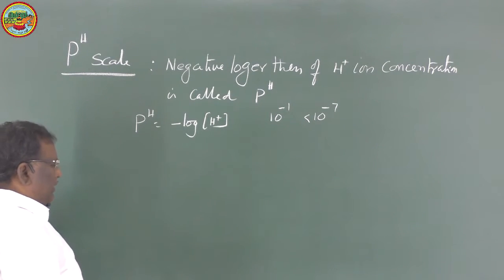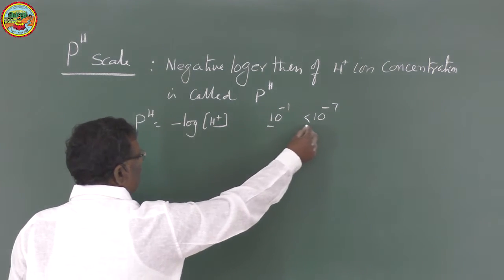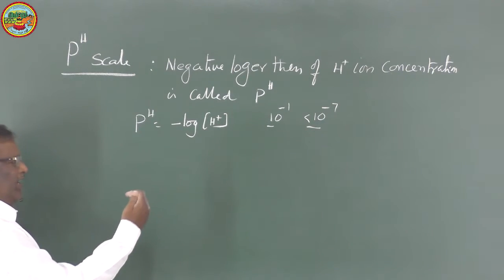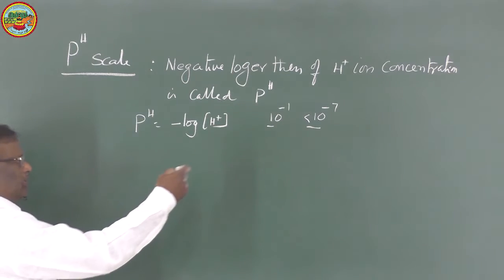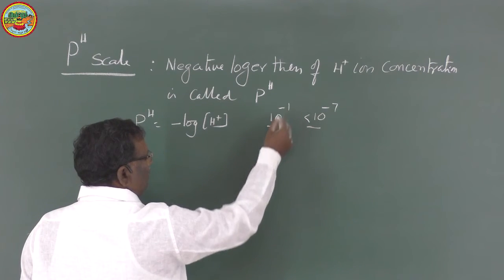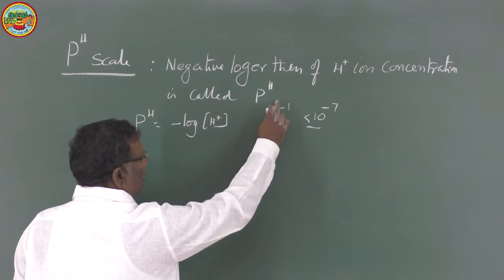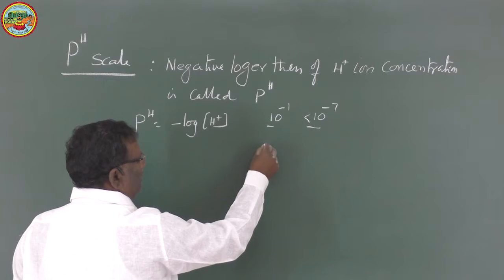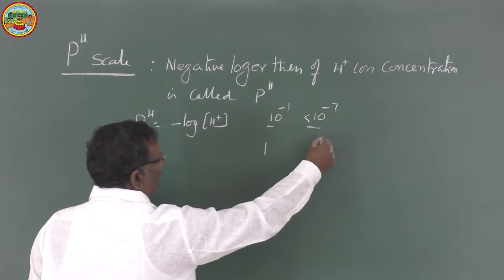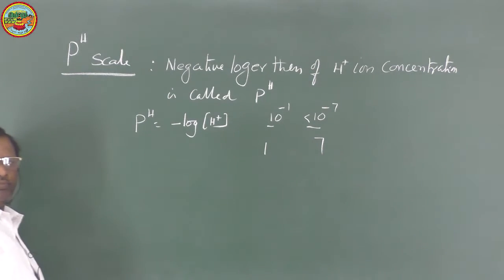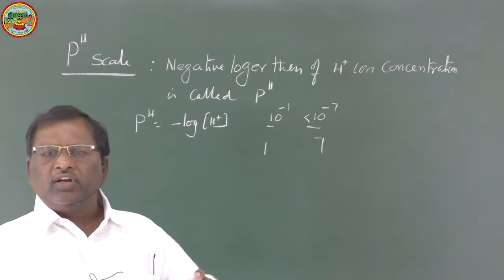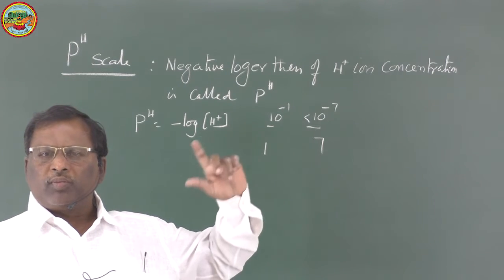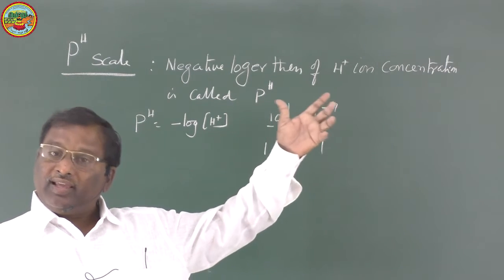If you take the anti-log of that, minus log H plus will be equal to 1 and it will be equal to 7. So it is easy to express 1, 2, 3, 4, 5, 6, 7 instead of 10 to the power minus 1, 10 to the power minus 2, 10 to the power minus 3, etc.